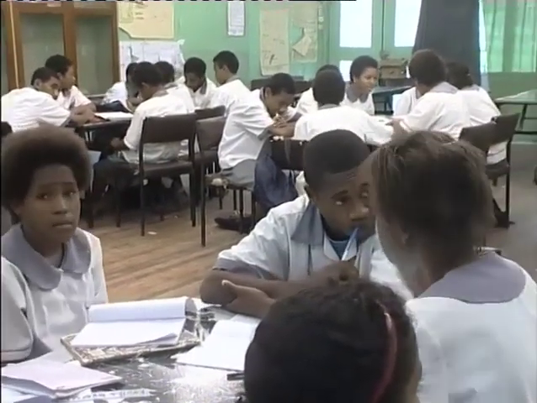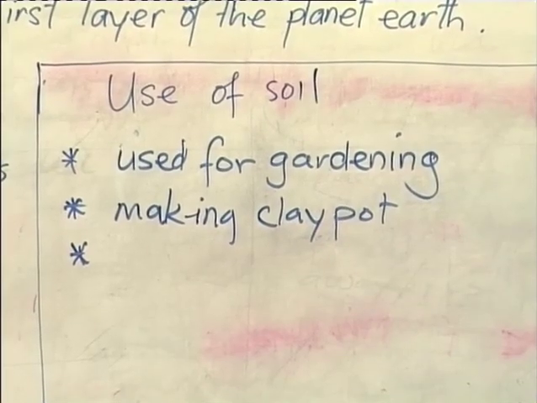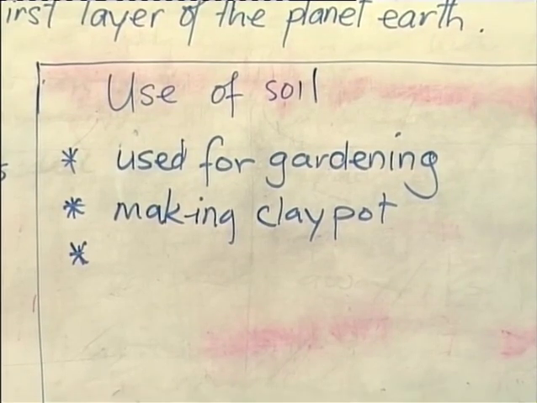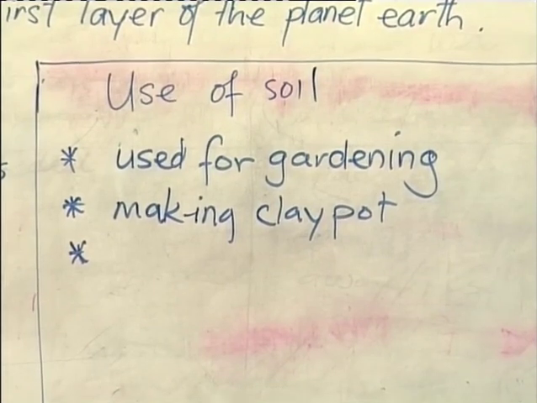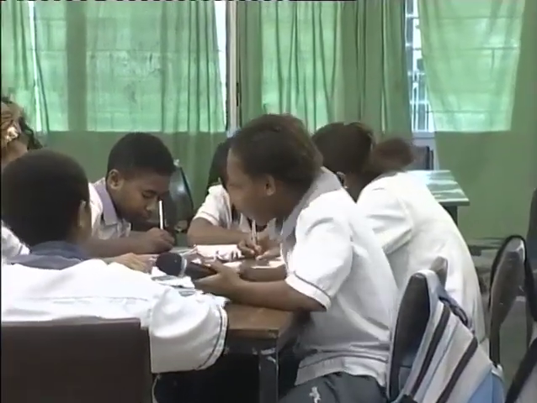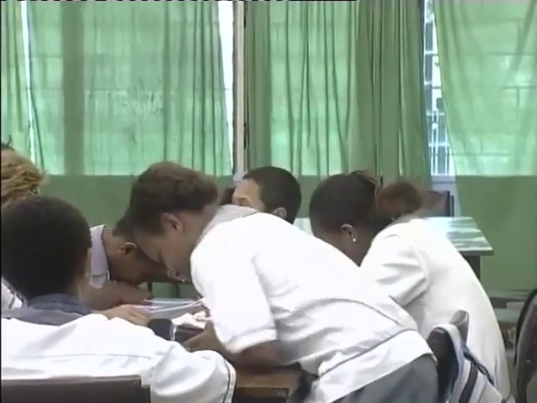Vanessa, your group, what has your group come up with? Someone in your group to answer? Okay, Vicky from the group. Soil is used for planting flowers. Okay, planting flowers.